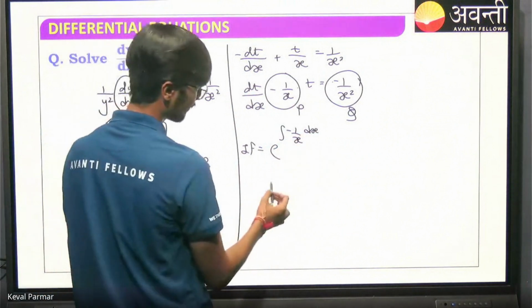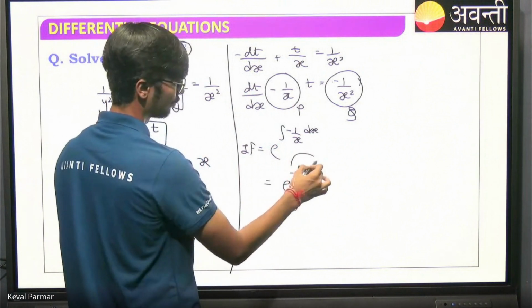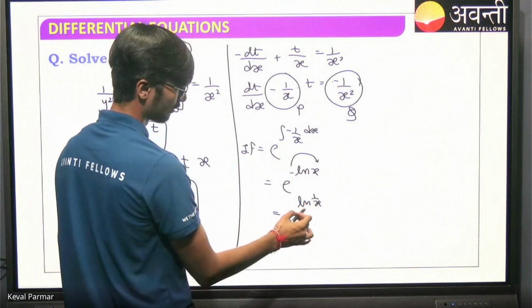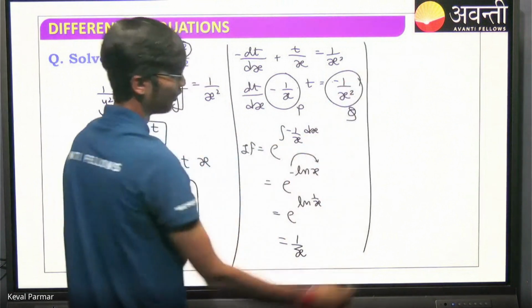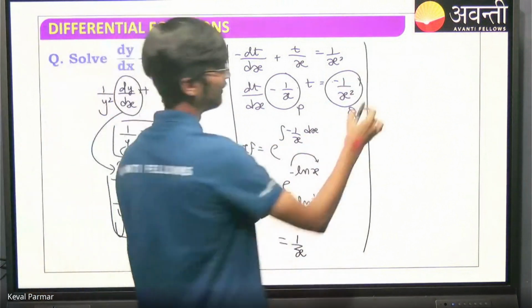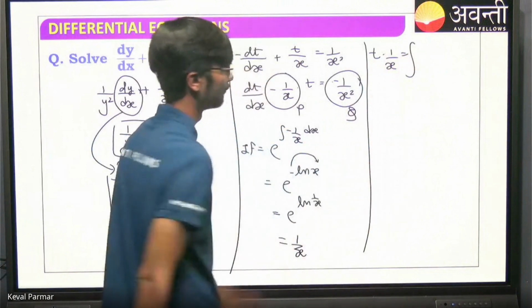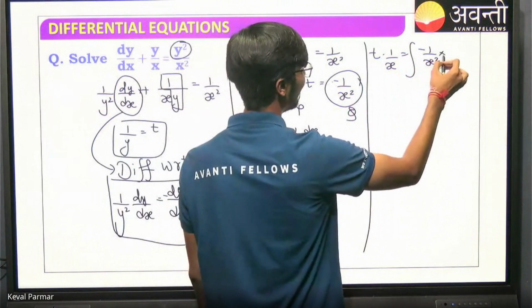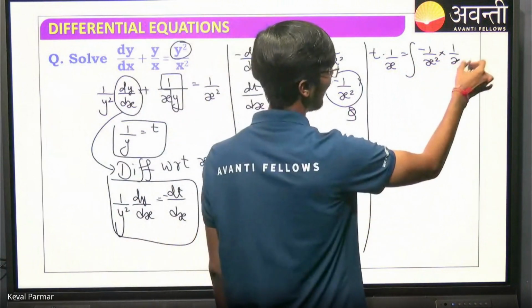So I'll get e raised to minus ln x. Minus will go up, so I'll get e raised to ln 1 upon x. By property of log, I'll get 1 upon x. So my solution will be t into integrating factor is equal to integration of q, minus 1 upon x square, into integrating factor 1 upon x dx.